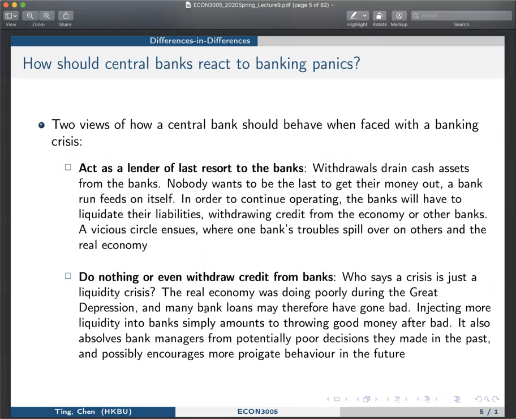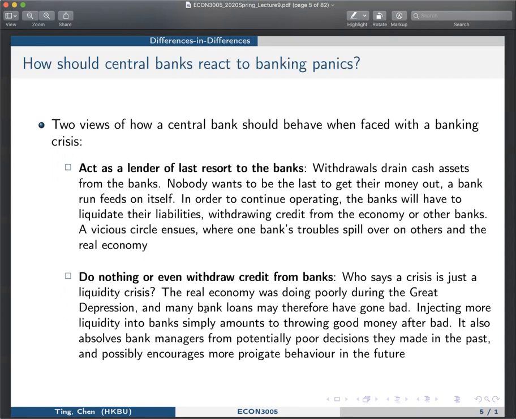Like in the 2008 financial crisis, obviously the U.S. central bank, the Federal Reserve, acted very quickly. And although their measures have been criticized from many different perspectives later on, nobody doubts their very quick response.